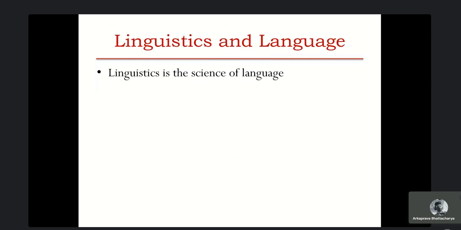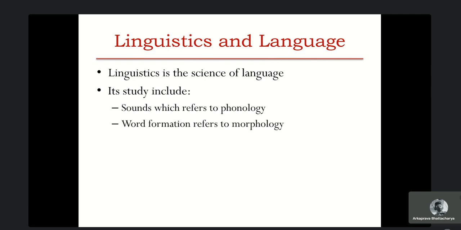Before getting into this, we need to understand some of the linguistics and languages. Linguistics is the science of language. Its study includes, if you are studying sounds, what we refer to as phonology. If you are working with word formation, we refer to it as morphology. If you are working with sentence structures, we refer to it as syntax.